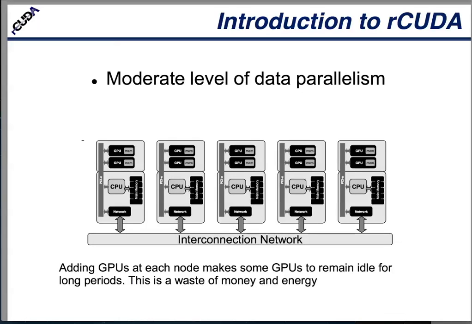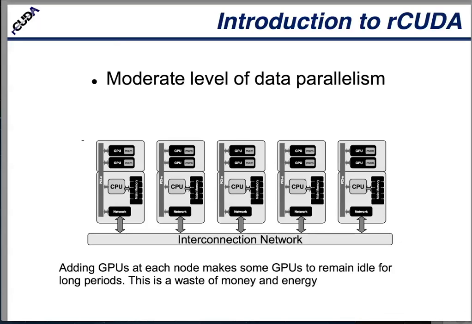What happens in moderate level of data parallelism? In that case, this is the typical architecture of a GPU computing cluster. Then, as I say, adding a set of GPUs to all the nodes is a waste of money and energy. We instead propose to add GPUs only to some nodes in the cluster.